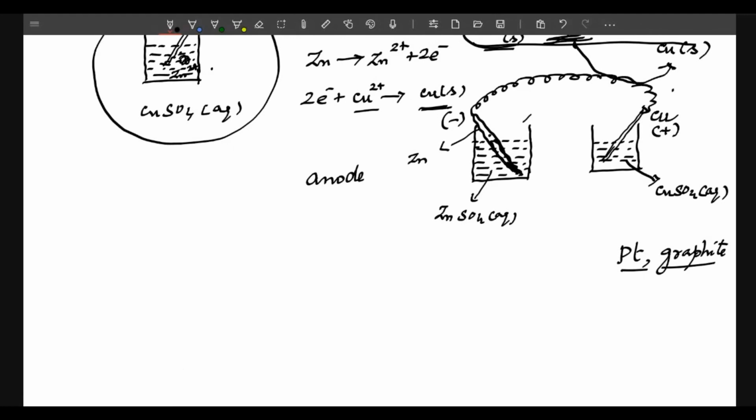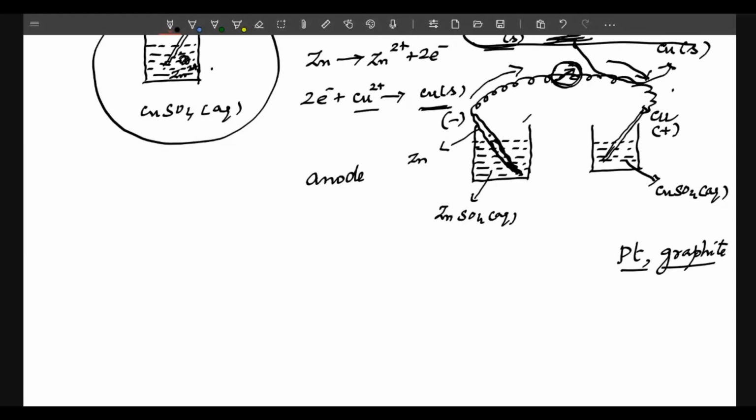The movement of electrons can be demonstrated by including a voltmeter in the circuit, because the passage of current is what we call electricity. Electricity is nothing but the movement of electrons. Therefore, electrons are moving from anode to cathode. But initially, no significant movement of electrons is there. Why?